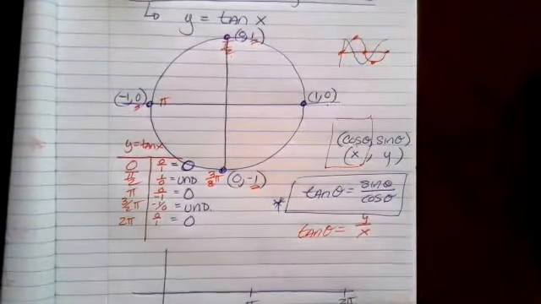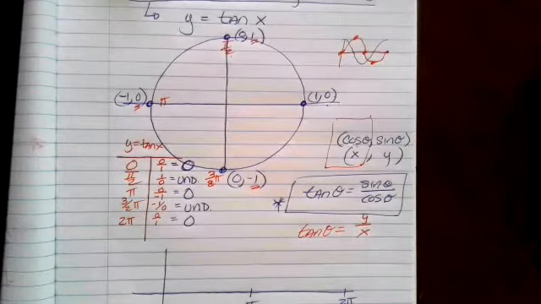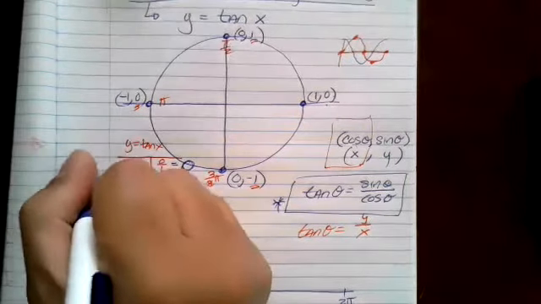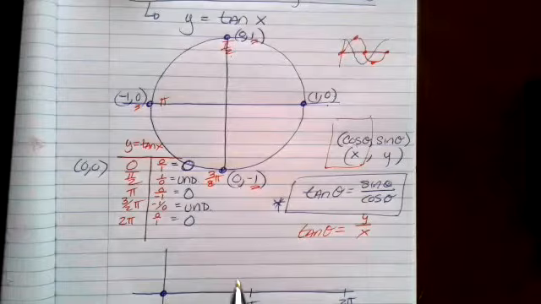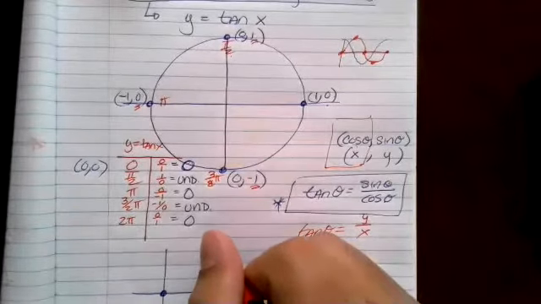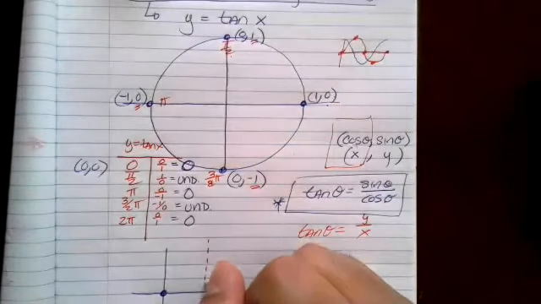So I want to look at a 2 pi interval, one revolution around the unit circle, and let's plot the points we have here. So (0, 0) is easy to do. That's 1 point. And at 1/2 pi it's undefined, which means we're going to have an asymptote here.